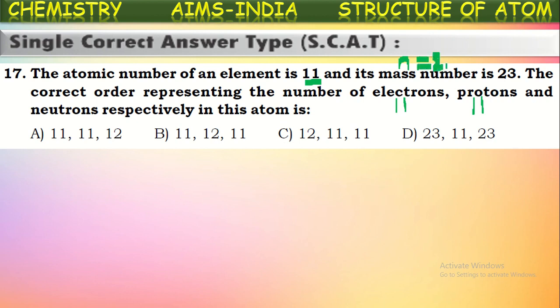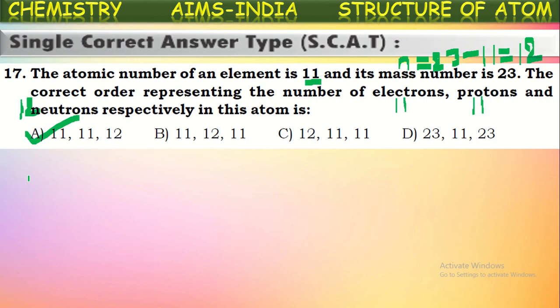Mass number they have given as 23 and atomic number is mentioned as 11. Now what will be the number of neutrons? Equal to 12. Number of neutrons is 12. Now electrons 11, protons 11 and neutrons 12. Where it is mentioned 11, 11, 12, so it is the correct answer.